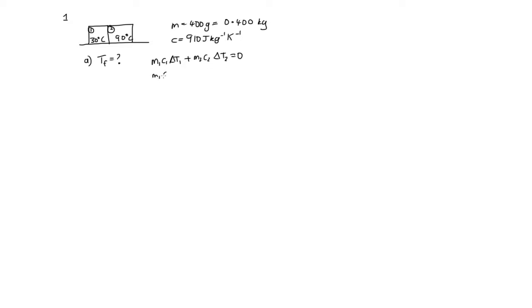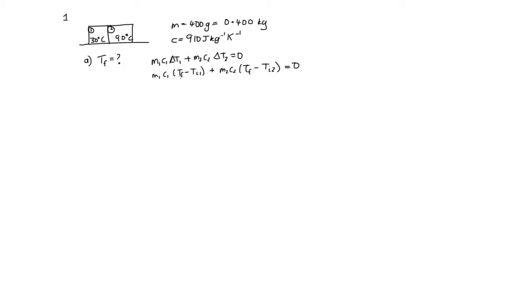So we've got M1C1. Now the change in temperature is equal to the final temperature minus the initial temperature of block 1. Now we don't need to put the subscript 1 on the final because they come to the same final temperature. They come to thermal equilibrium. And then we've got plus M2C2 times TF minus T initial 2 equals 0.